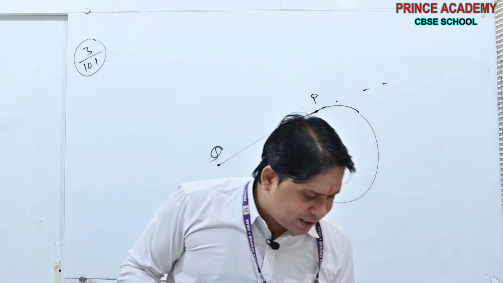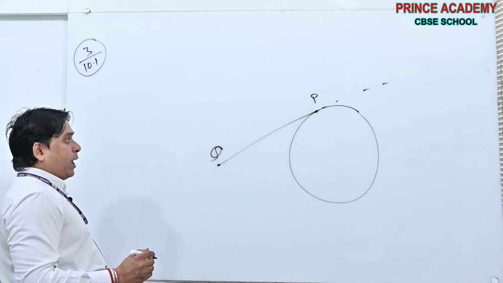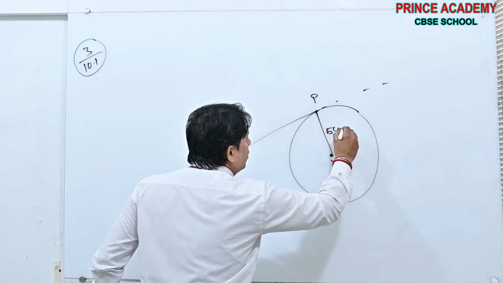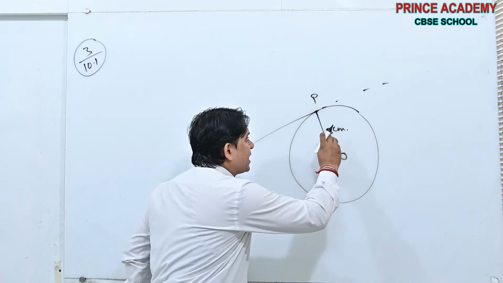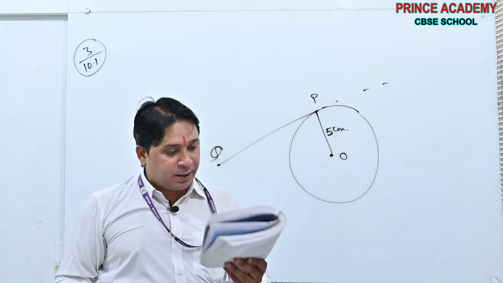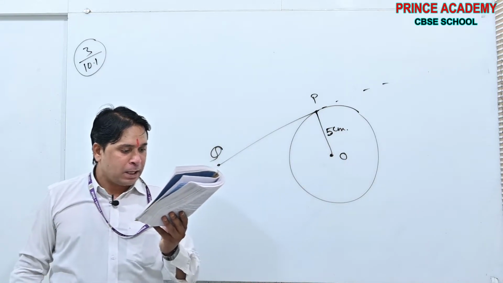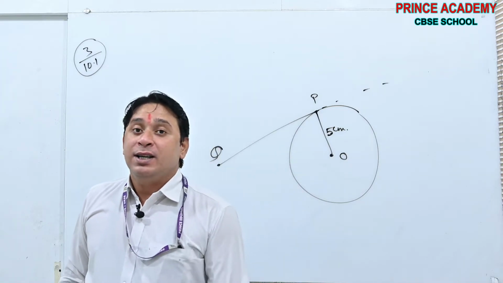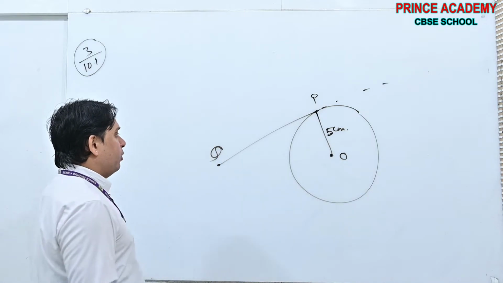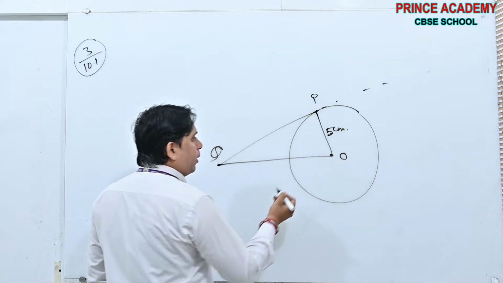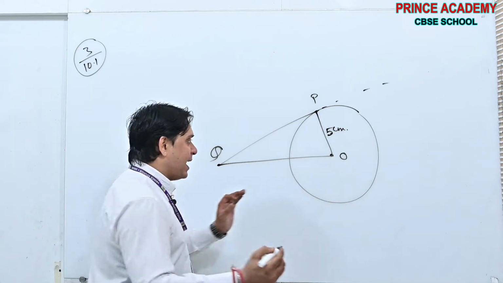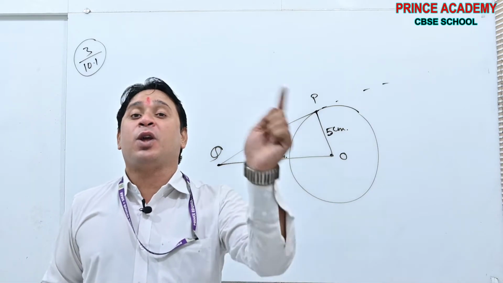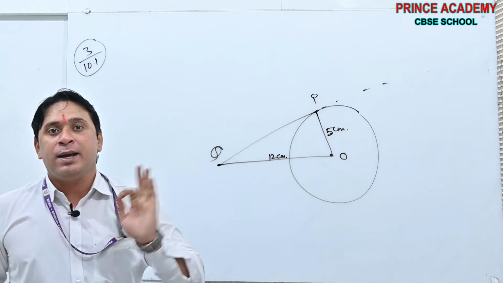Of radius 5 centimeters. Its radius is 5 centimeters. OP is 5 centimeters. Not 6 beta, it is 5 centimeters. Then, okay, meets a line through the center O at a point Q such that OQ is 12. Join OQ. OQ is given as 12 centimeters. Okay, beta. Now see, I will use theorem 10.1 here.